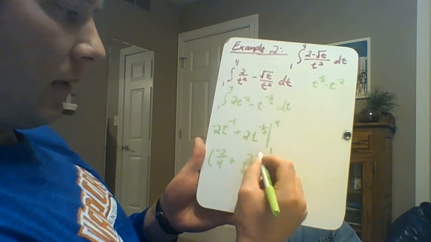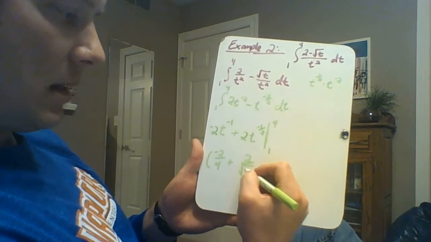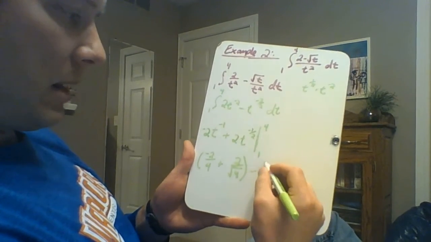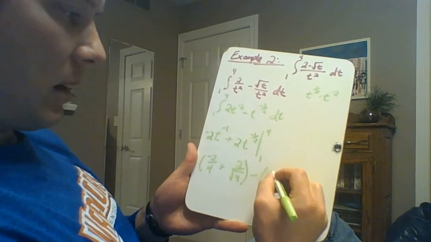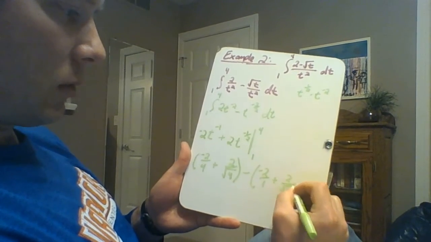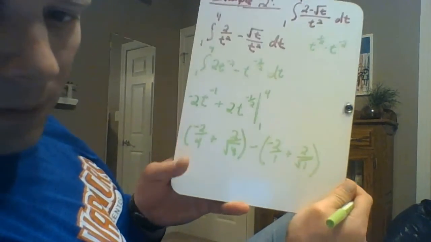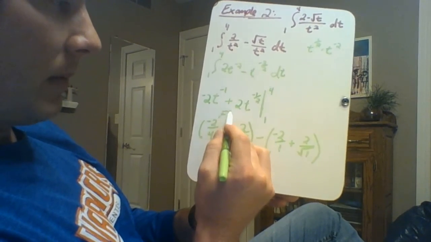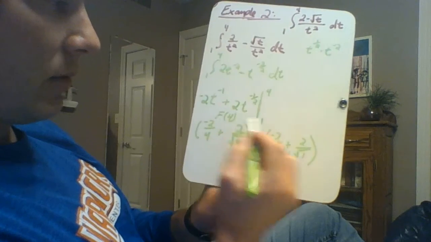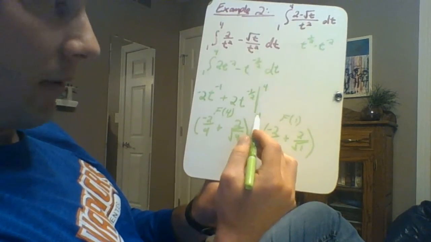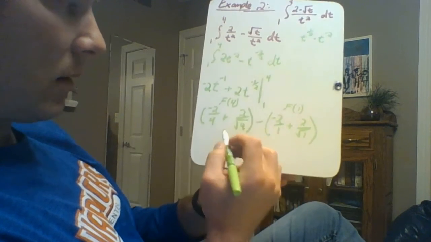T to the negative 1/2 is the square root of t in the denominator. So we plug in the 4 minus, now we evaluate at 1, negative 2 over 1 plus 2 over square root of 1 there. Okay, so this is capital F evaluated at the upper boundary. This is capital F evaluated at the lower boundary. And the fundamental theorem says we need to subtract those.